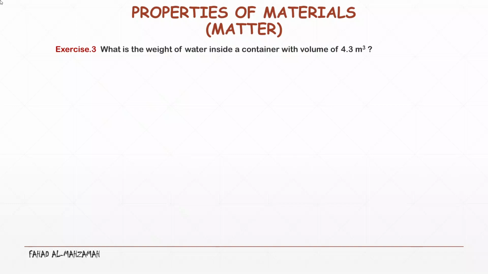You need to know exactly the basic math. You need to know the properties of matter: mass, weight, density, specific weight, specific gravity. You need to know the differences. It's not that difficult, okay? But I don't want any of you to mix between these terms. Just know the differences, understand them, and everything is going to be easy, inshallah.